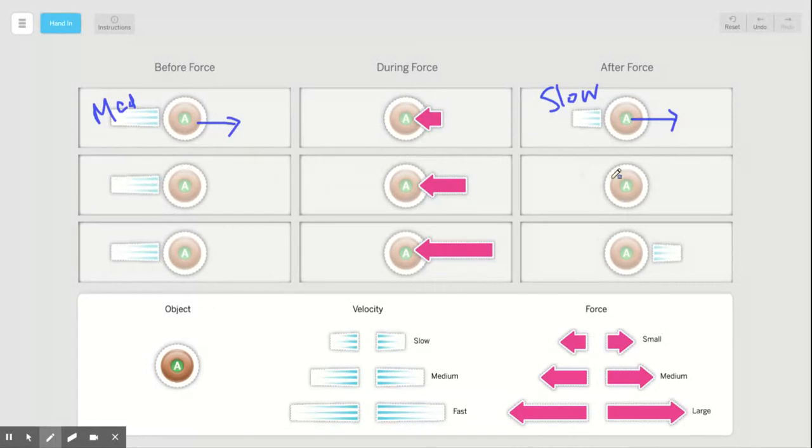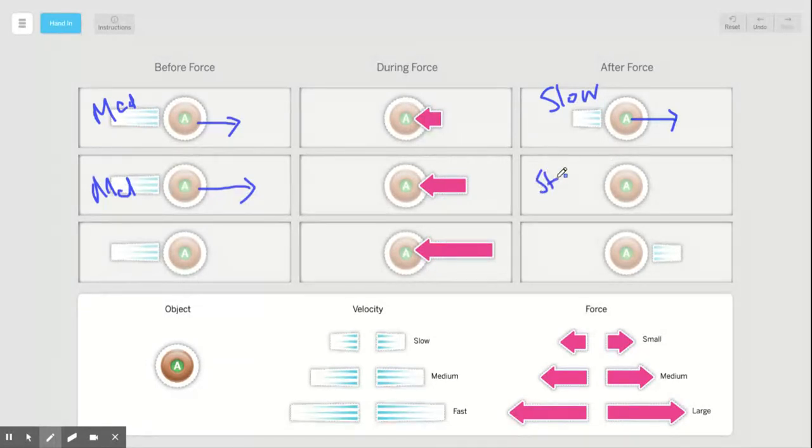Let's take a look at the second row. For the second row, pod A is moving at a medium speed to the right. A medium force is exerted on object A, and it's moving to the left, the opposite direction, and it comes to a stop.